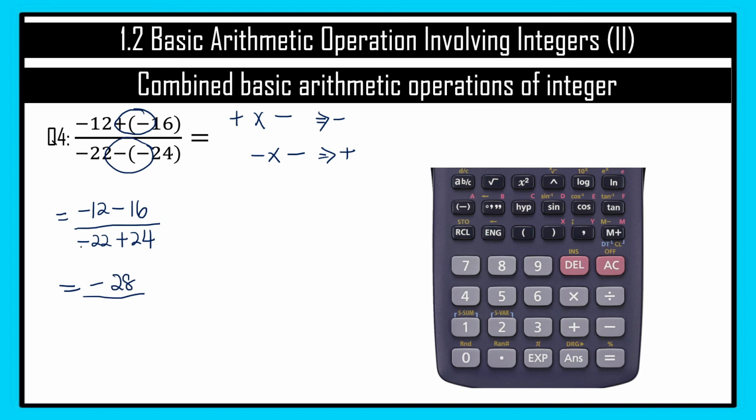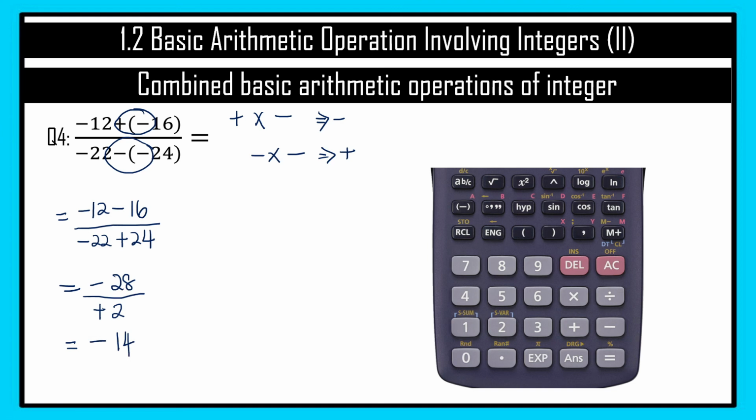Okay, over negative 22 plus 24. You should get positive 2. Usually we don't write positive. Now for this one, I'm going to write because this line is divide. So negative divide positive. You will get negative 28. Divide with 2, you will get 14.